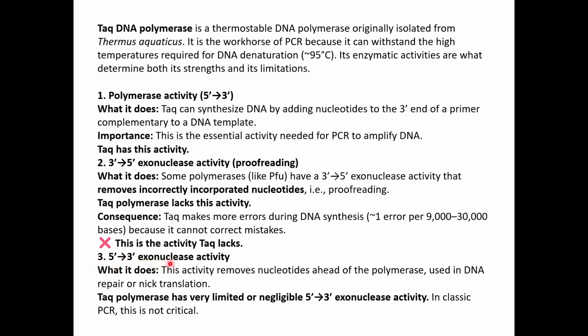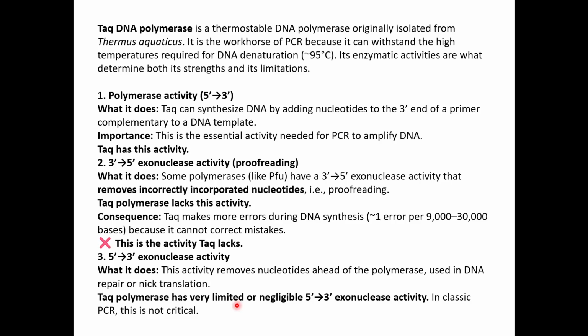Next, 5 prime to 3 prime exonuclease activity. This activity removes nucleotides ahead of the polymerase and is used in DNA repair or nick translation. Taq polymerase has very limited 5 prime to 3 prime activity, and it is not important during replication, it is for repair. So this is not an important characteristic for PCR.